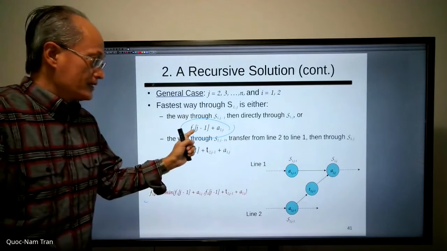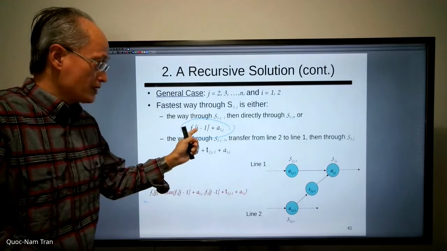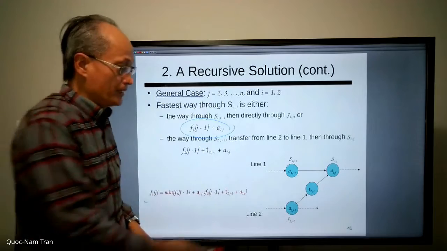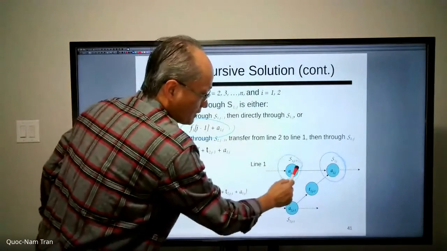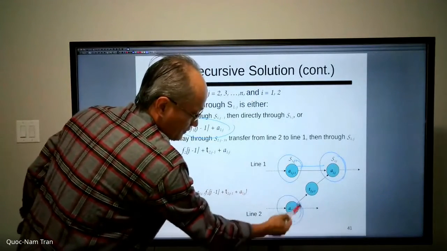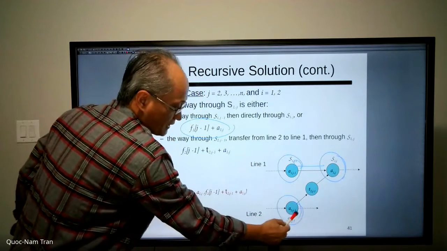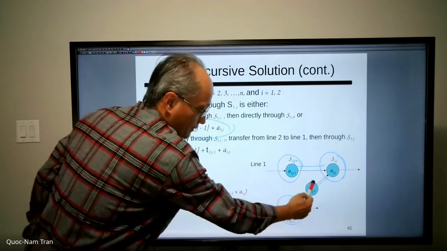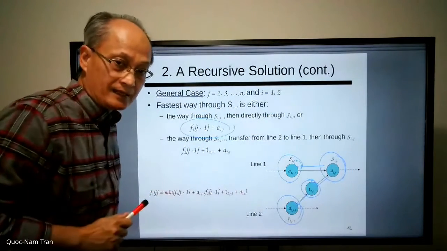F1 of j will be the smaller value of F1 of j minus 1 and A1j, meaning the cost here will be the smaller value of the value at the previous station of the second line, added with the extra cost for moving from one assembly line to the other, right?